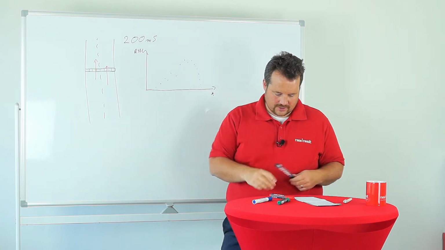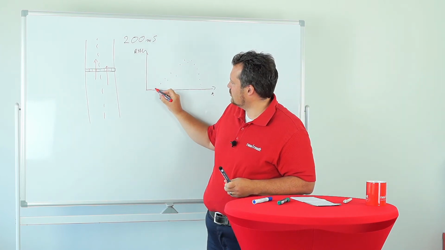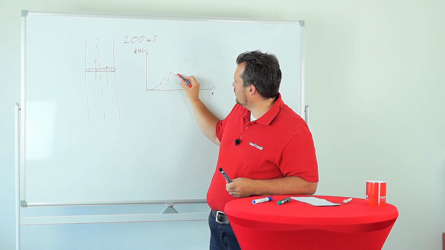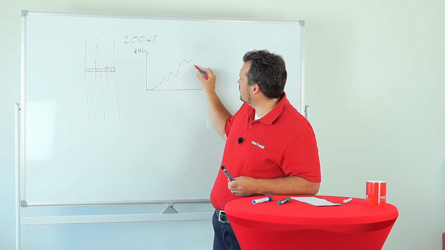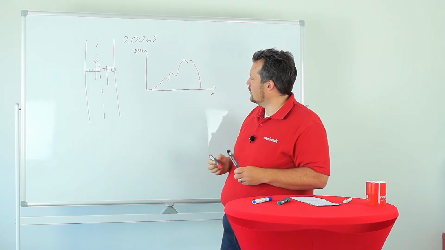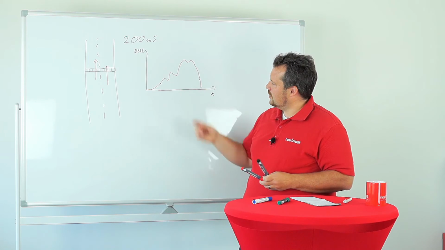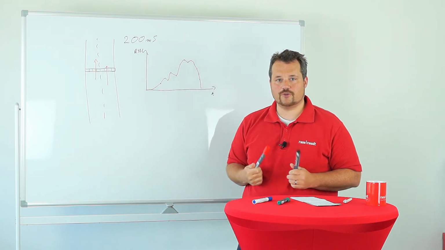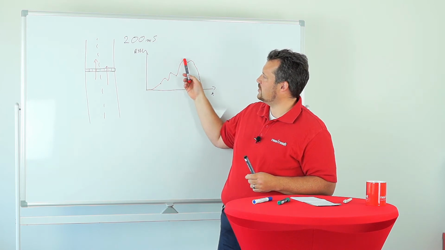Obviously you can connect that, try to draw a line through that, let's say something like this. And now the goal of the algorithm trying to figure out the timestamp for that passing is to find this peak here.